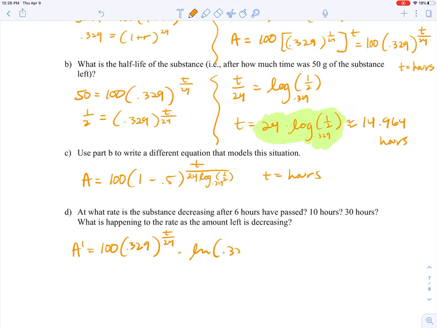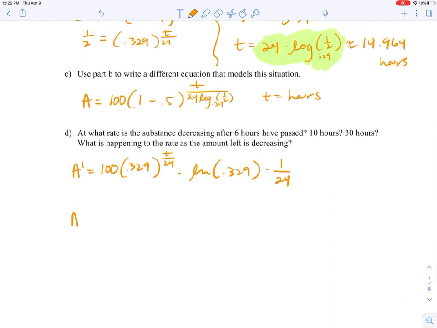I'm going to use the first equation we came up with. So it would be 100 times natural log of 0.329 times 1 over 24. And then we can plug in 6.